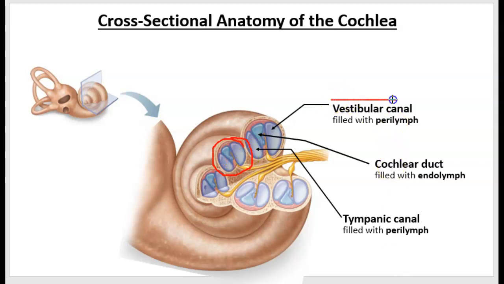How is the vestibular canal separated from the cochlear duct, and how is the cochlear duct separated from the tympanic canal? Well, as you might have guessed, there are epithelial membranes between each region. So we're going to look at the name of the membrane between the vestibular canal and the cochlear duct, and the name of the membrane between the tympanic canal and the cochlear duct.